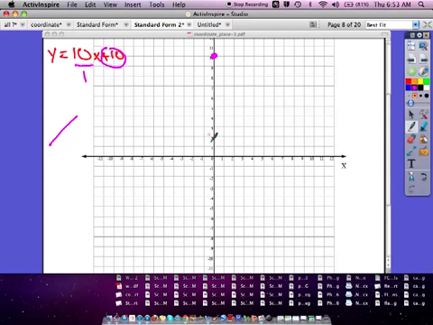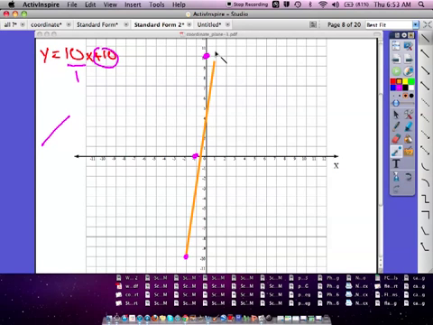I'll go down 10, left 1, because we want to keep the pattern so it looks like this. Now we should be good to go. And again, if I had more graph, I could have gone up 10 and right 1, but it really doesn't matter whether you start going up or down as long as the line looks like this because it's a positive slope.